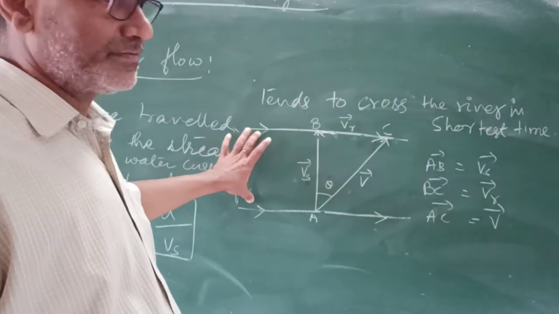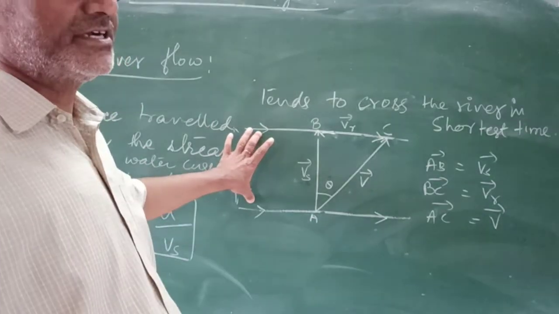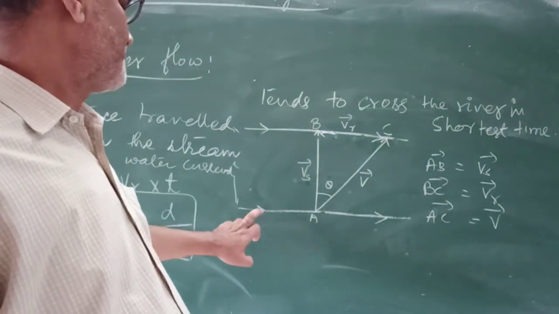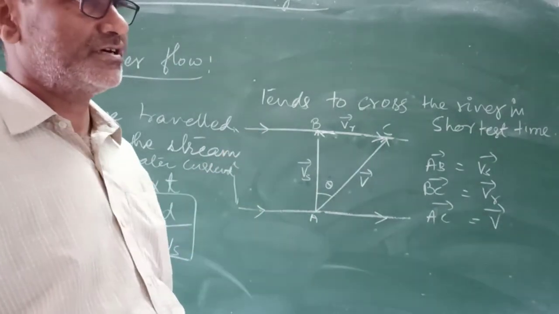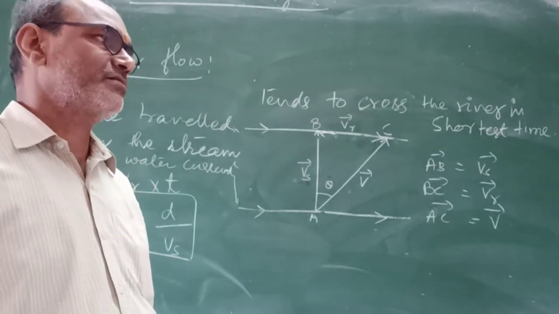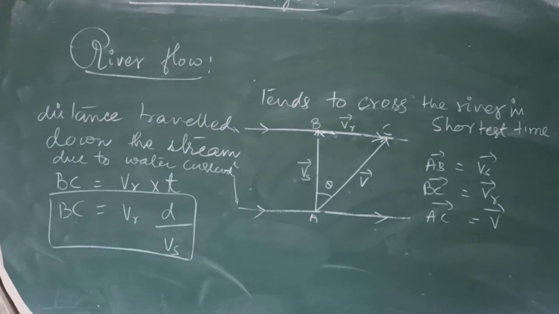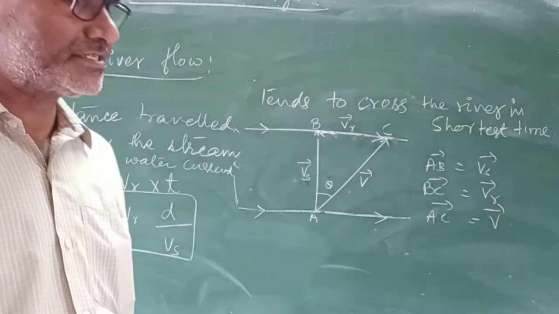Suppose the width of the river is given as 800 meter or 1 kilometer to 1.5 kilometer. Then distance by velocity of the swimmer. From this, we can find how a swimmer can cross the river in the shortest time.